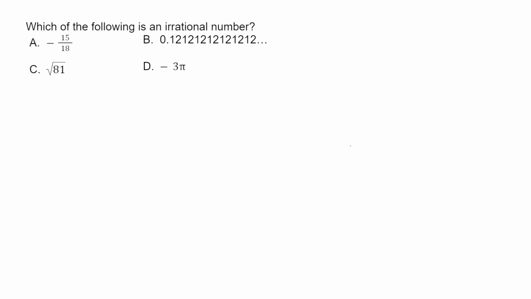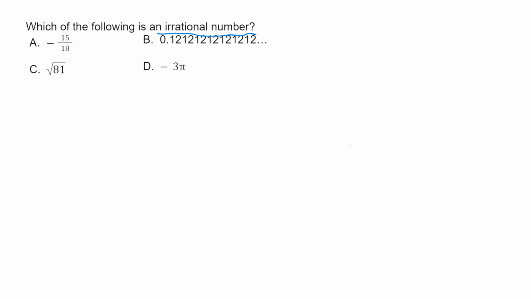Okay. So which of the following is an irrational number? I'm not gonna make this one as complicated anymore. When you say irrational numbers, those are numbers that cannot be expressed as a fraction. That's what we discussed in class.